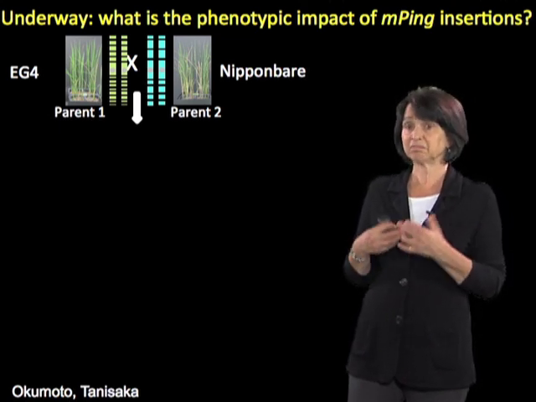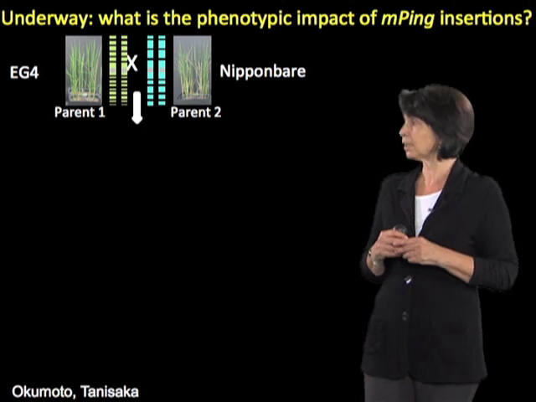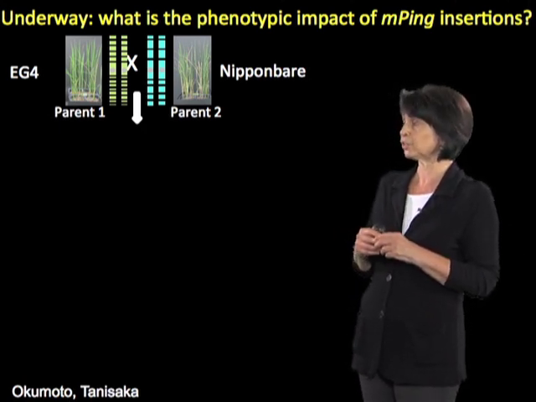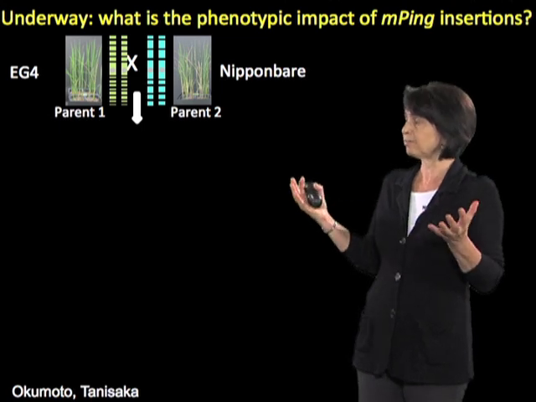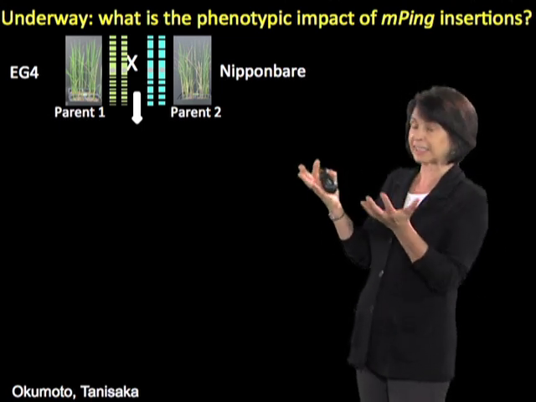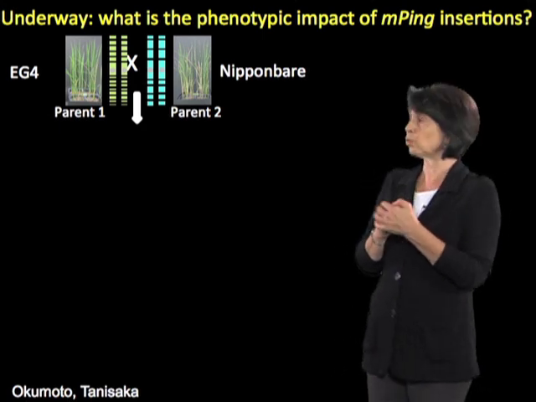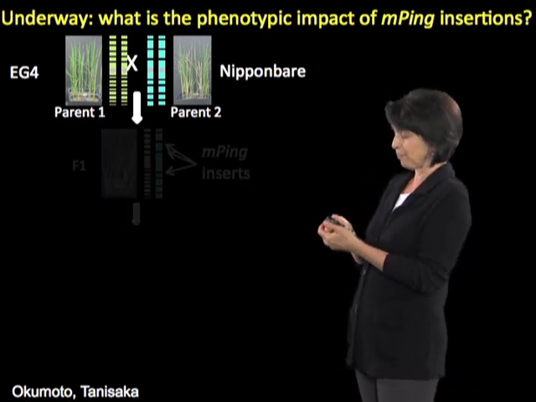So what they did over 10 years ago was to cross EG4 with Nippon-Bari. Now what I want to point out is these are inbred lines. So they have 2 copies of exactly the same gene at every single locus. So we have EG4 crossed with Nippon-Bari.